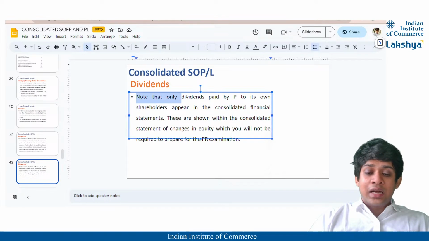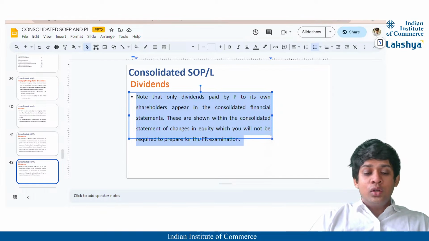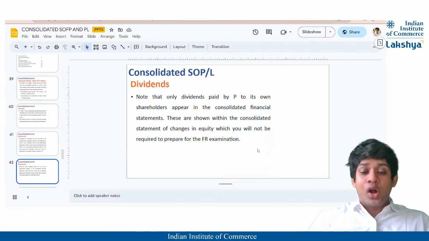Note that only dividends paid by the parent company to its own shareholders are shown within the consolidated statement of changes in equity, which is actually not required.